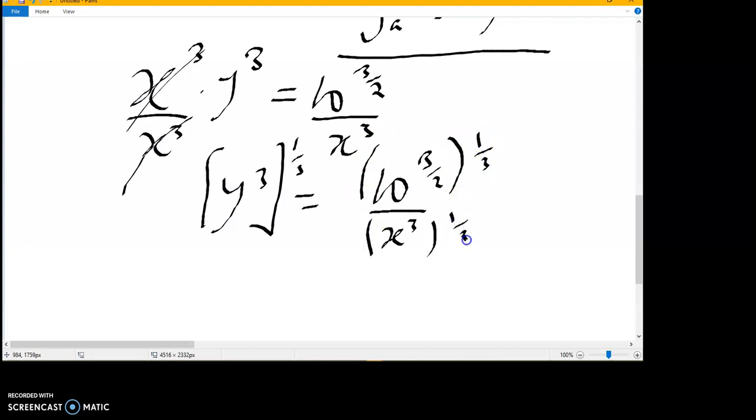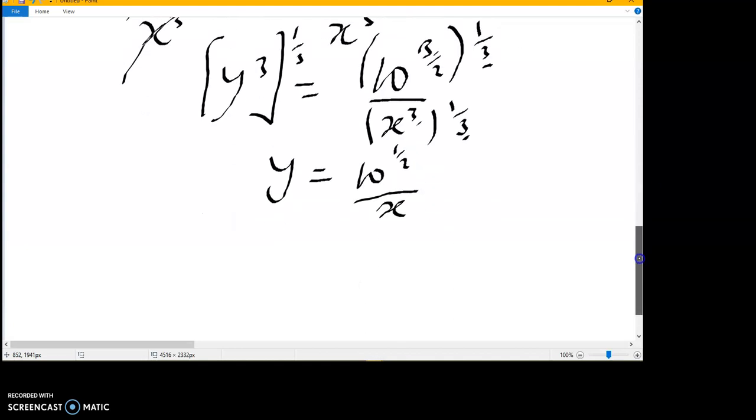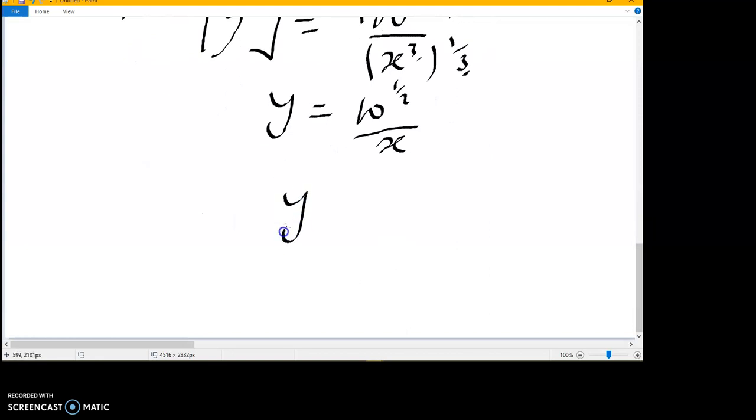The 3s cancel, so we remain with 10 to the power half over x. So our answer is y equals root of 10 over x.